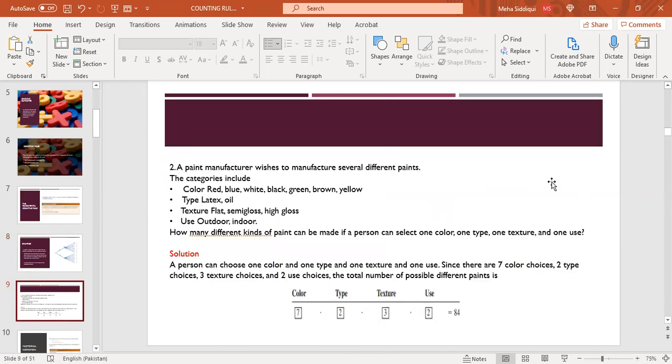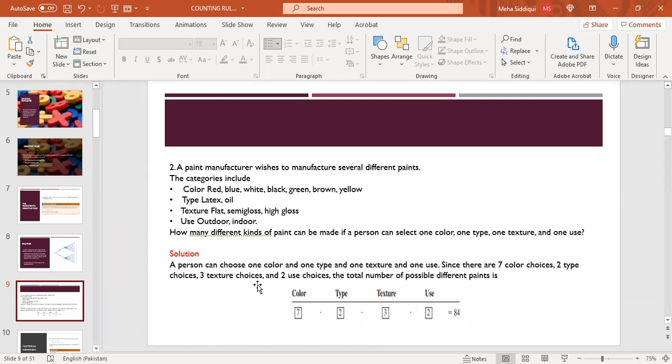Now coming to the second example. A paint manufacturer wishes to manufacture several different paints. The categories include color: red, blue, white, black, green, brown, yellow; type: latex, oil; texture: flat, semi-gloss, high gloss; use: outdoor, indoor. How many different kinds of paint can be made if a person can select one color, one type, one texture, and one use?